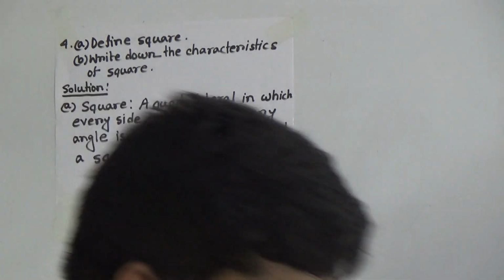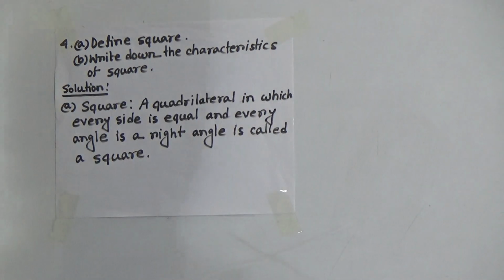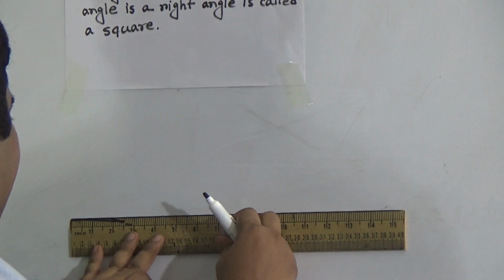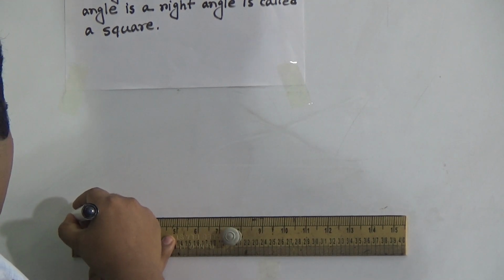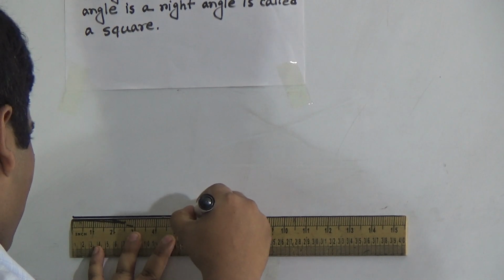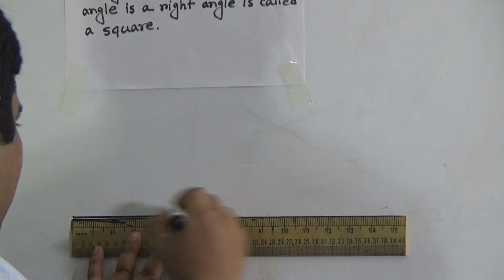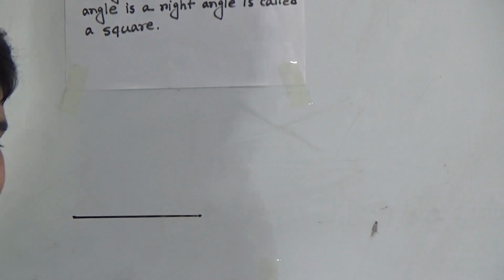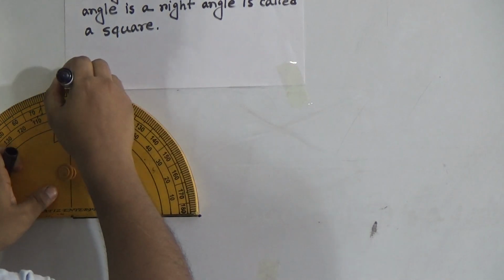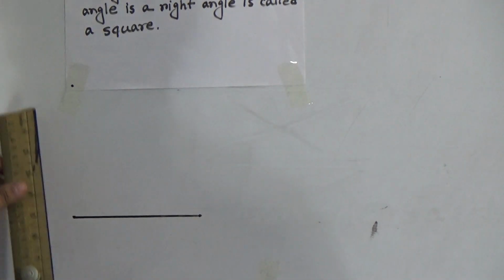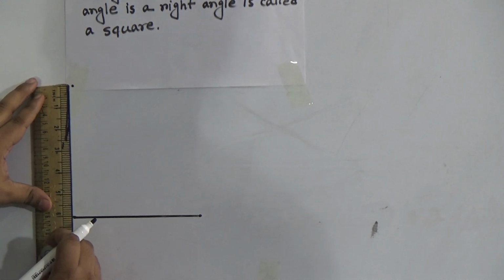Now we draw a square. First of all we take a measurement, which is 6 inch. I take 6 inch as the base of the square. Then, as all angles are right angles, we draw a 90-degree angle. As all the sides are the same, it must be 6 inch.